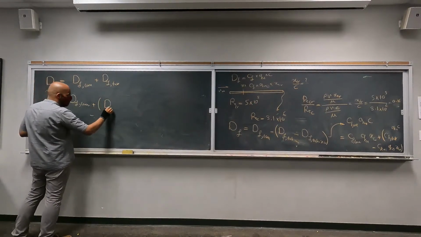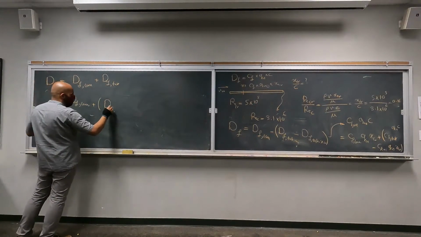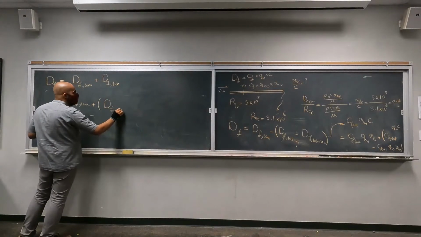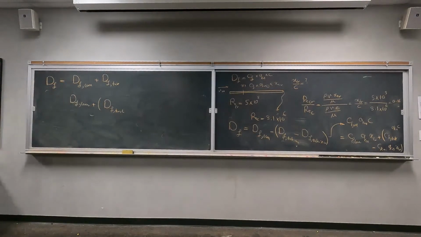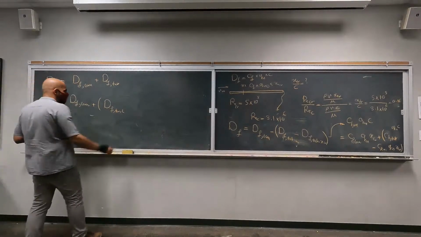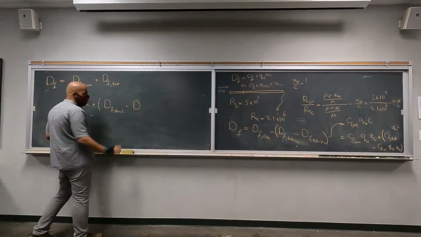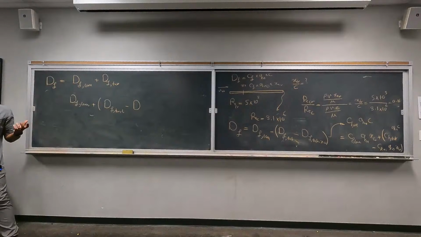We calculate the friction drag of the whole plate using the turbulent formula, and then we subtracted the turbulent drag of the laminar region, which we have calculated using the turbulent formula. Okay? Is this clear now?